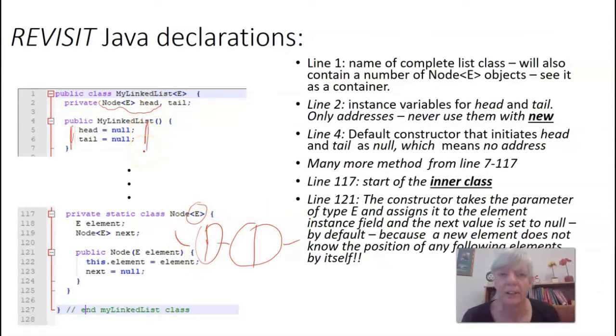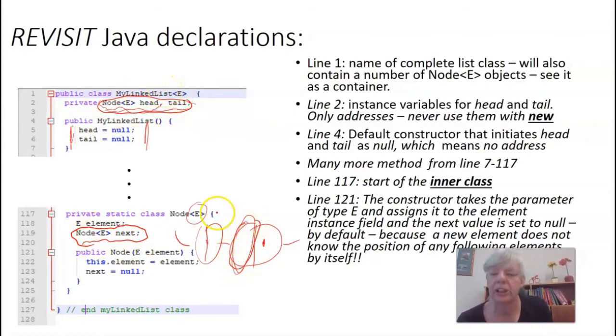So the inner class is for every node, and every node has an element and a next, which is a reference to the next one. So what you should see here is that head and tail are references to the node, and the same thing for next. Can you see that next and head and tail are similar? And the element is actually of type E.